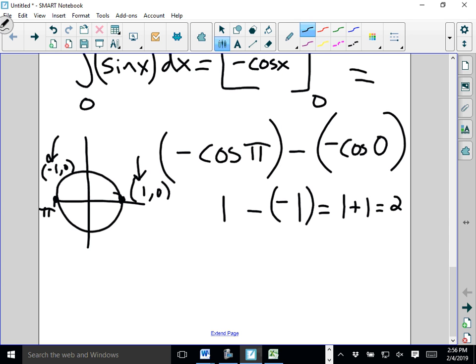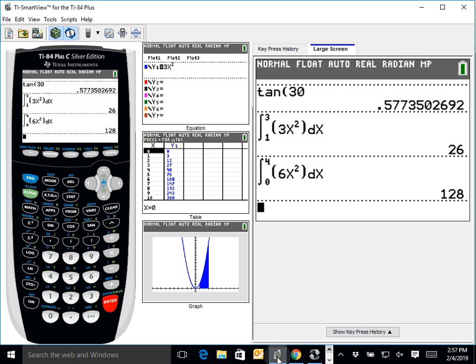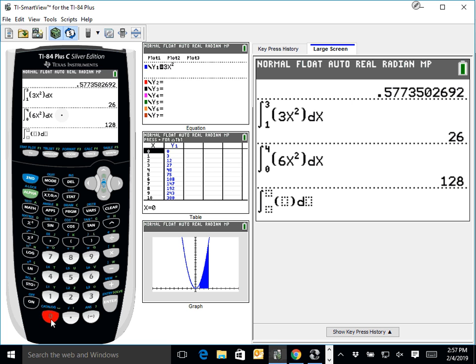And once again, let's take a look at that on our calculator to confirm. Math 9, integral 0 to pi sine x dx. Does give us an answer of 2.